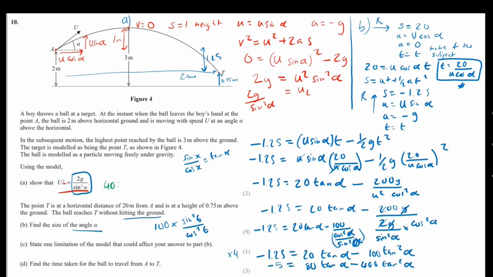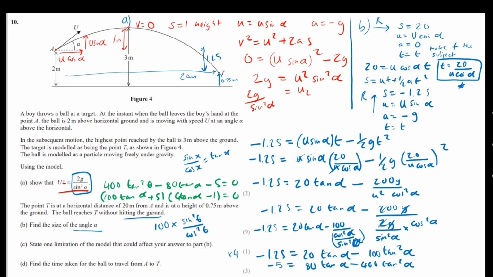So you're going to get 400, which we'll be able to factorize to that, for tan alpha minus 1 equals 0.